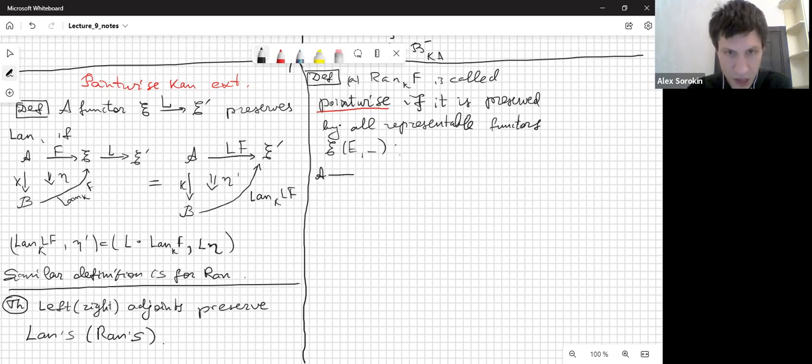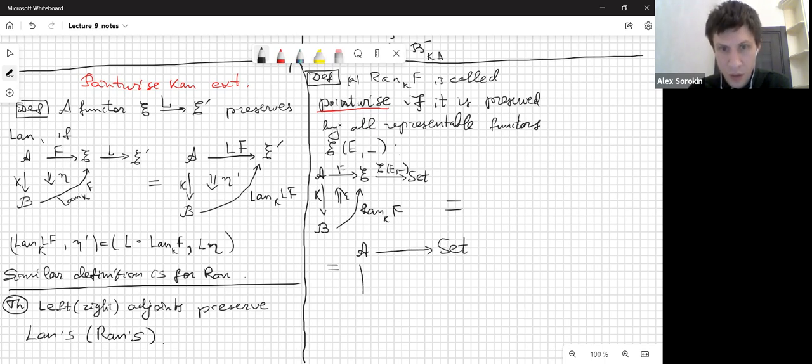What do I mean? Let's draw a picture. Here is A, going to E. From E, we are going to Z. Here is our representable E comma blank. Here is our functor F. Here is K. Here is our Ran K F. And here is epsilon. So this picture should coincide with the following. From A to Z, from A to B, here is K. Here will be the following functor.